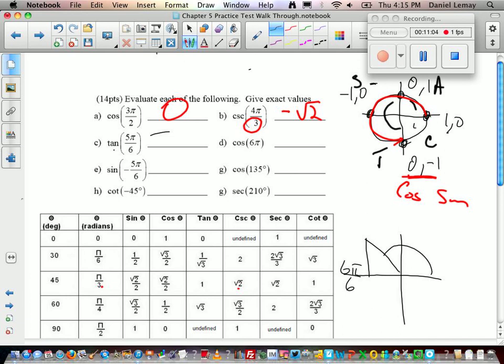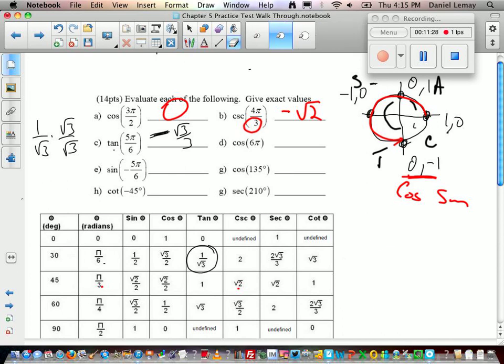I know the reference angle is pi over 6. So I'm looking for tangent, so 1 over root 3. Of course, this isn't rationalized, so let's rationalize it. I'm going to multiply by the form of 1, which is root 3 over 3. So 1 over 3, or root 3 over 3, and it's negative.